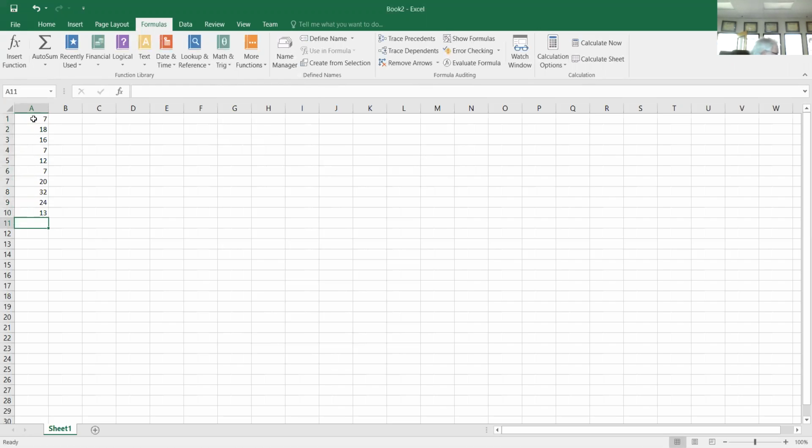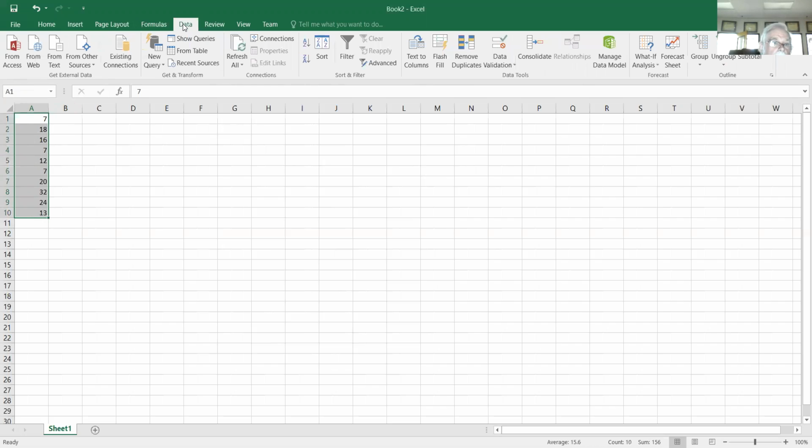Let's just do the first one for now. There are several things we can do with this using Excel. This is our data set. If we highlight the data set, by clicking on one and dragging through the rest, we can manipulate the data. If we go to the Data tab, we can sort.